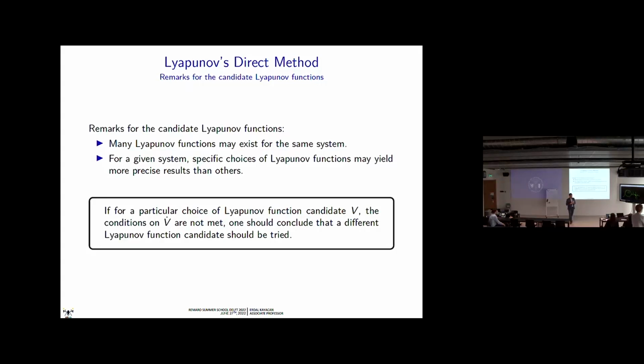Yes, more questions? So you said we have to search for these Lyapunov functions to the limit. But is there no way to actually prove that a function like that does not exist, so that the system is not stable? Oh, that's a great question. This is another story, and I would have to go into really deep details of nonlinear control theory now.